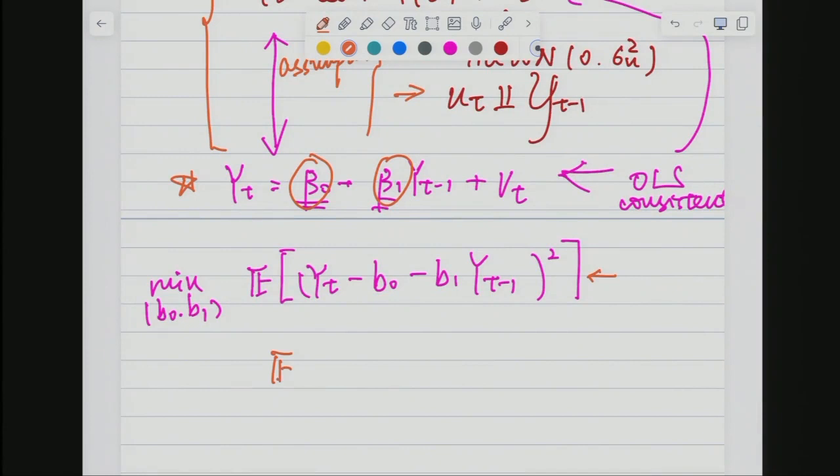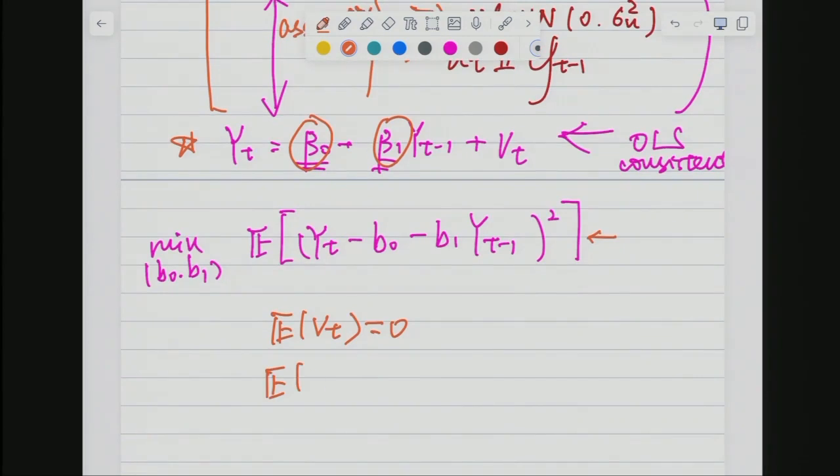One is that the unconditional expectation of the error term is always 0. And another one is that the error term is always orthogonal to the regressor, in this case, the yt minus 1.